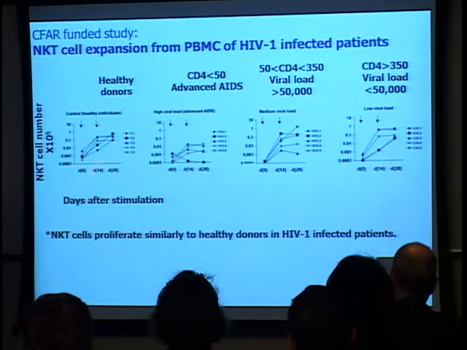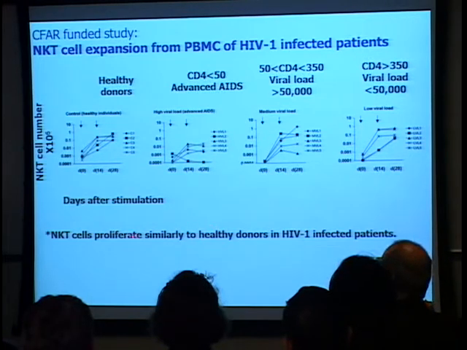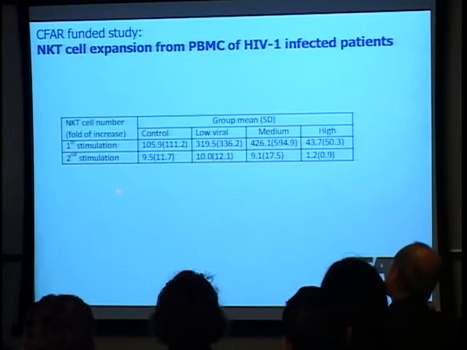So this is the data to show that in 3 groups of patients, we can see the NKT cells proliferate similarly to healthy donors by this method. So we have to use the dendritic cells loaded with alpha-galactosylceramide. And this is the statistics to show the fold of expansion.